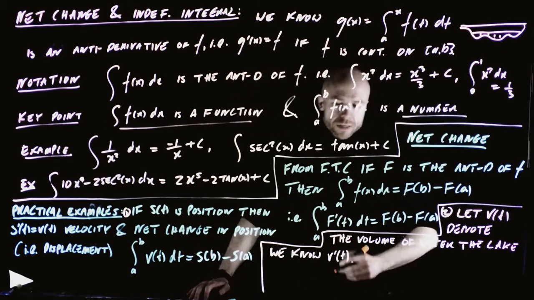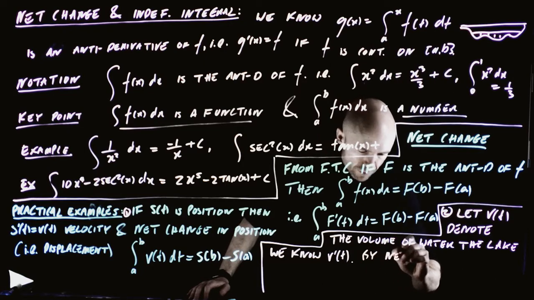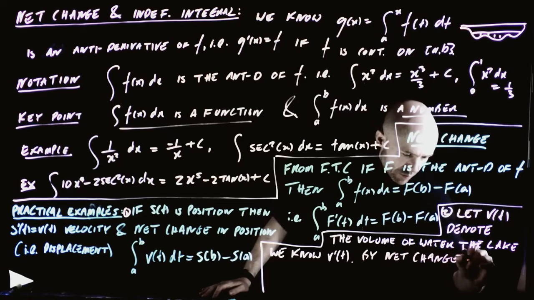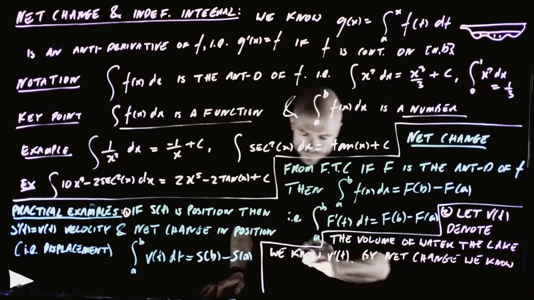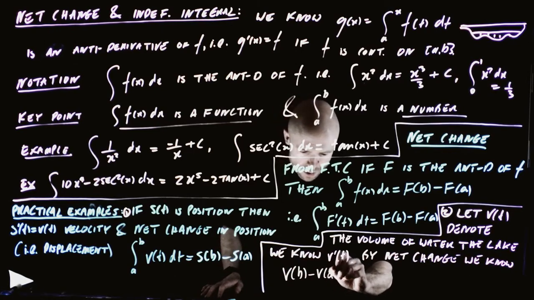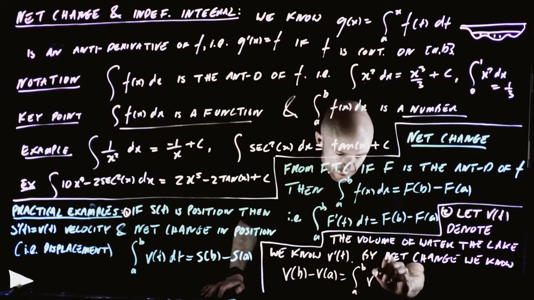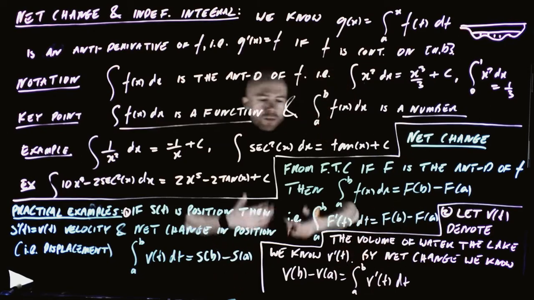Because by the net change theorem, we know that V of b minus V of a is the integral from a to b of V prime of t dt. Yeah? So we can explicitly calculate it.